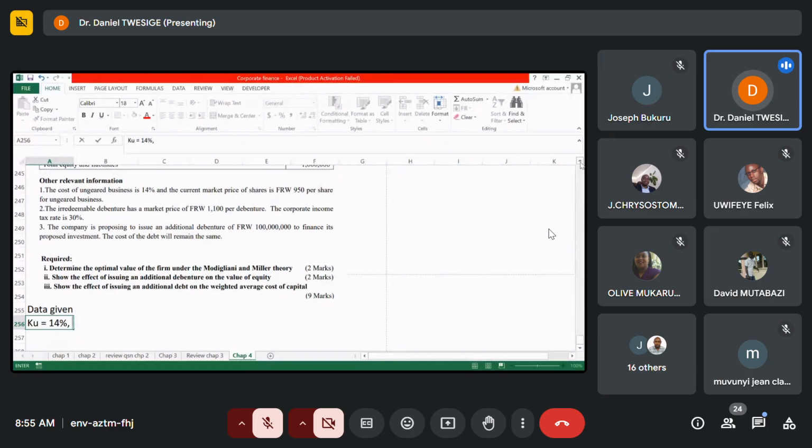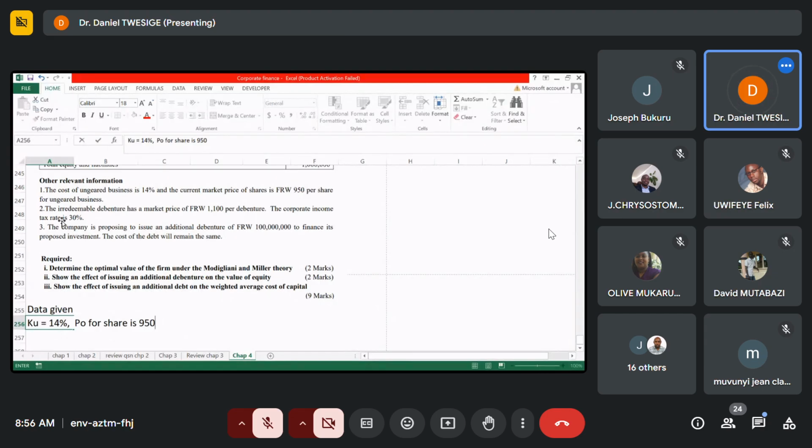And the current market price of share, PO for shares, is 950.